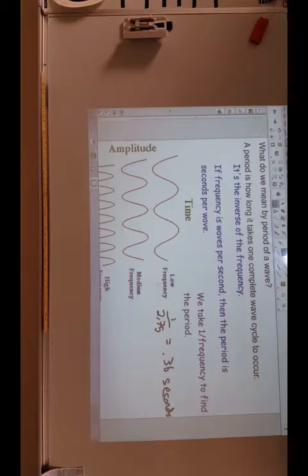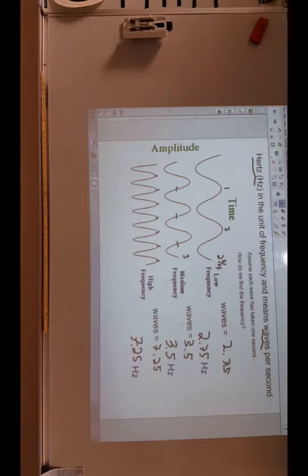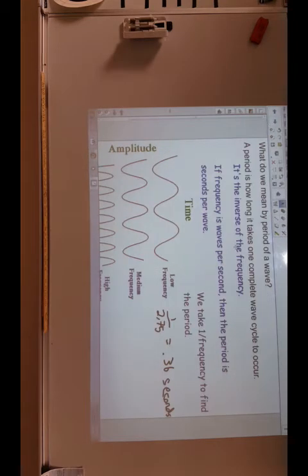All right, for our next one, the medium frequency we found was 3.5. So again, 1 divided by 3.5 hertz. I should do this properly too.